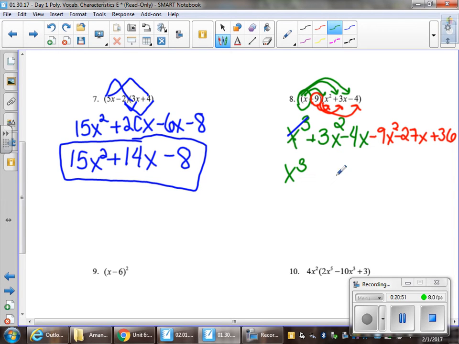X to the third, there's no other terms with a degree of 3, so we could just put it down. And now we're going to do what? 3x to the second power, right? Yep, and we're going to combine with what? Negative 9x squared, which is why it's going to be negative 6x squared.